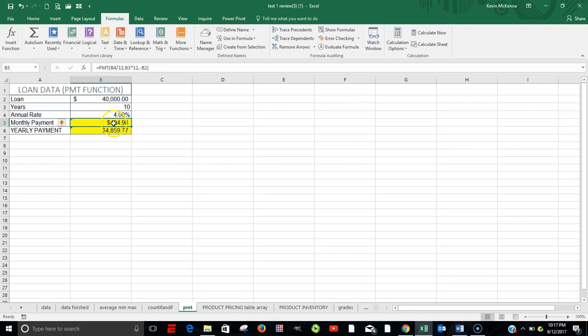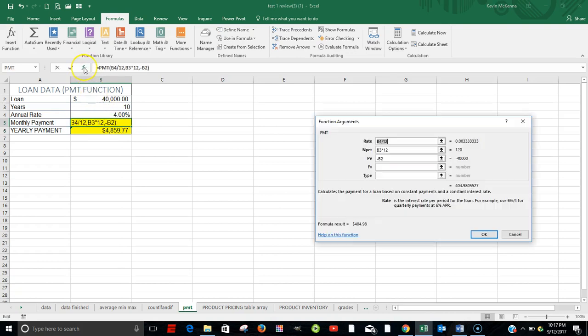I'm in here with my function. Click on fx. It's showing me my B4, which is my interest rate divided by 12. My total payments is B3 times 12, 10 years multiplied by 12.